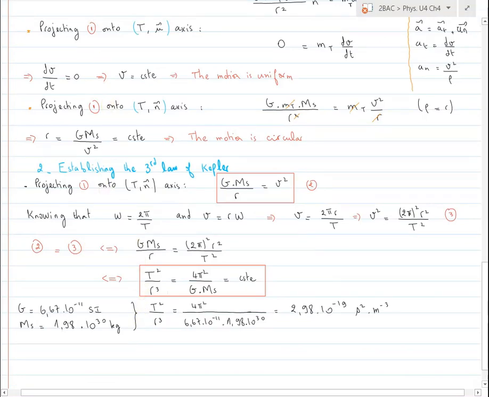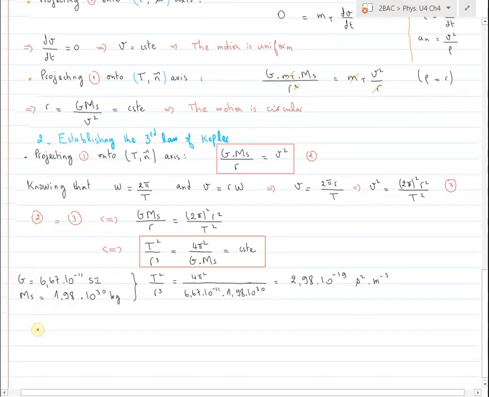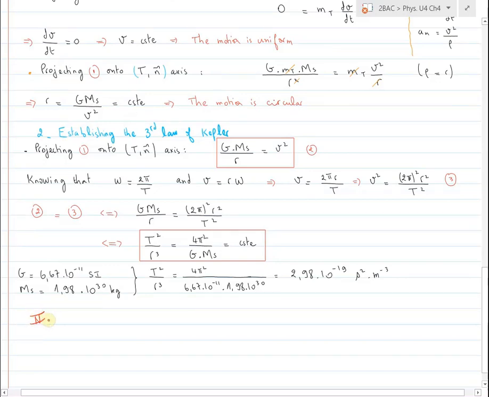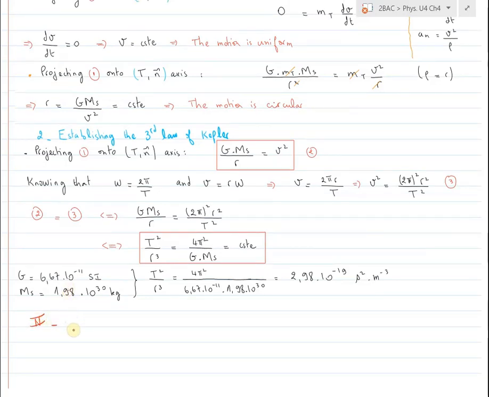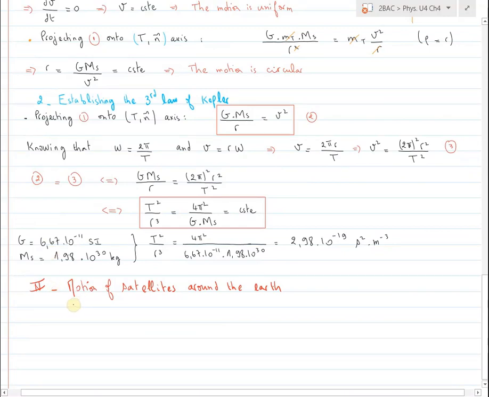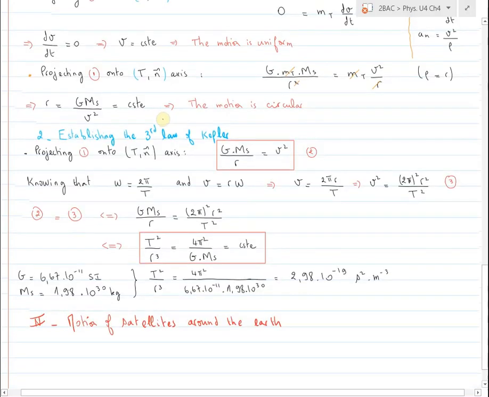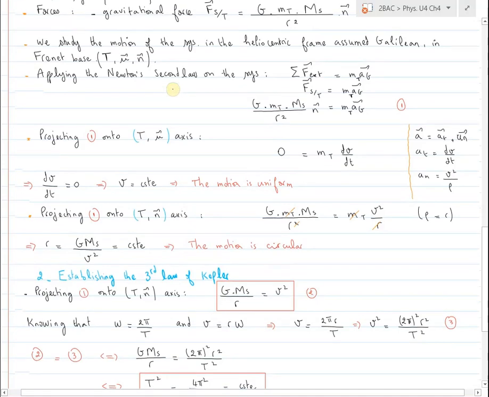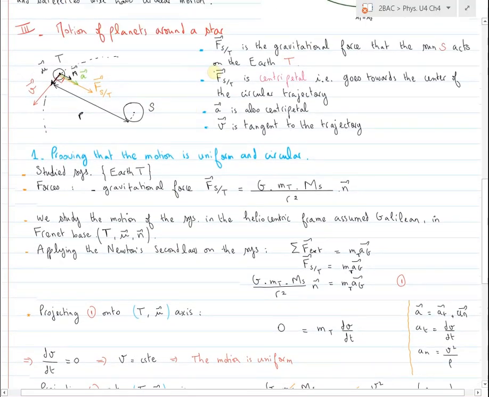Now let's move to section 4, motion of satellites around the Earth. So now we are going to focus on satellites around the Earth. The same physics, the same study seen here, applies in the case of satellites around the Earth.